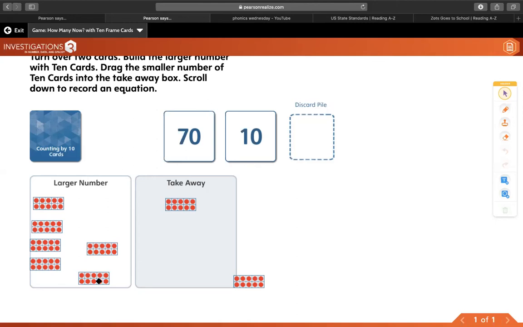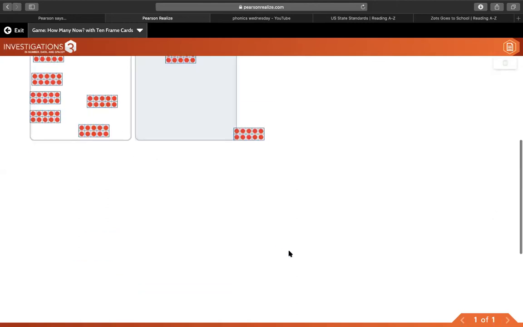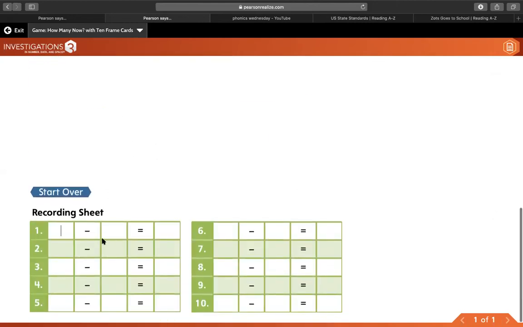I'm left with 60 dots. So let's see. I started with 70 dots. I took away 10 dots. And I had 60 dots left over.